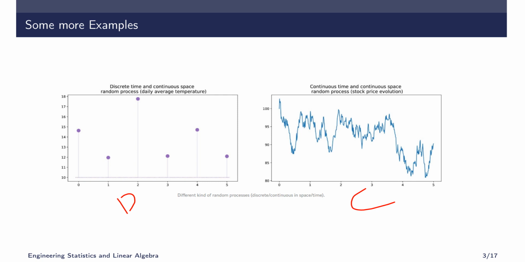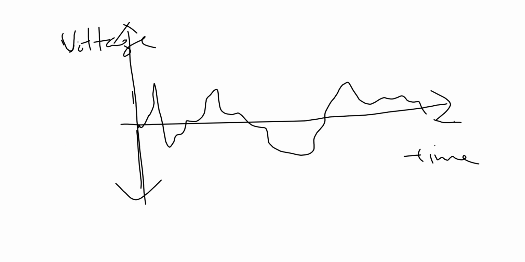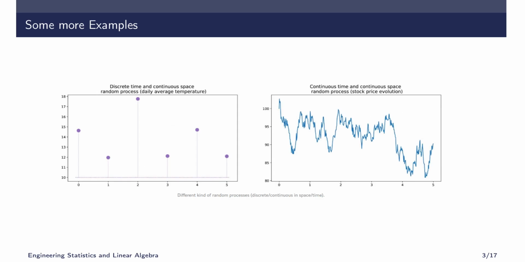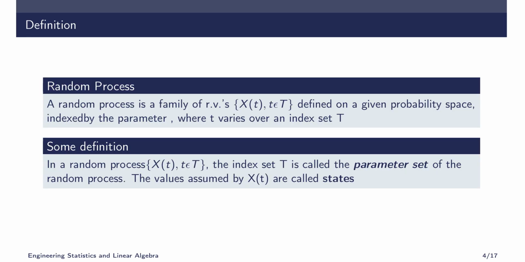Moving to the next topic, we have discussed discrete time random process as well as continuous time random process. So generalizing, we can define a random process as a family of random variables X(t), where t belongs to T, defined on a given probability space, indexed by the parameter t.